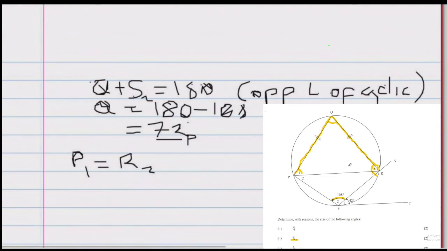My reason is going to be isosceles triangle.